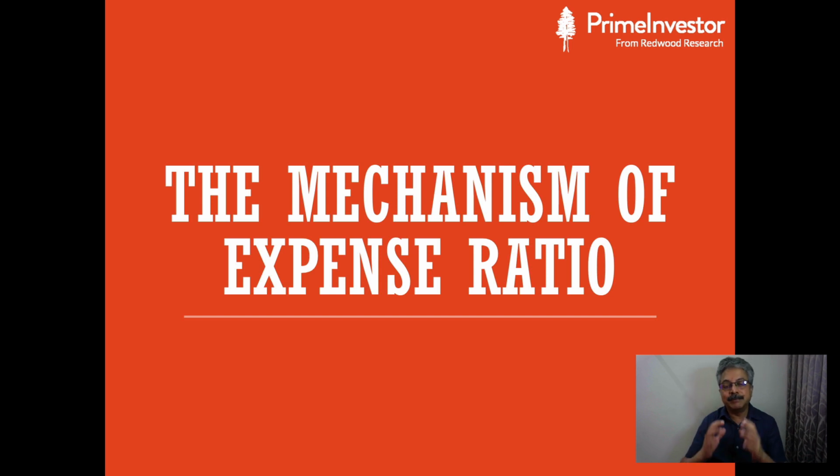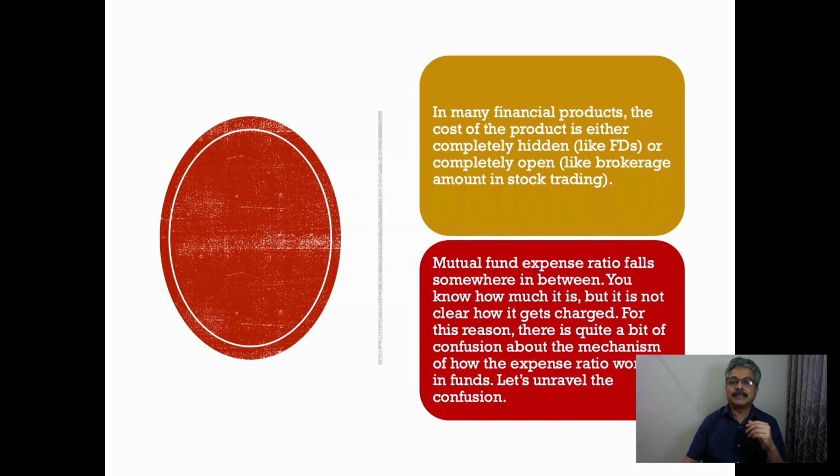Now, let's come to the meat of this presentation, the mechanism of expense ratio. How expense ratio actually works. When we buy financial products, the costs are either completely hidden or they are completely open. For example, like an FD, you are never told what the cost is.